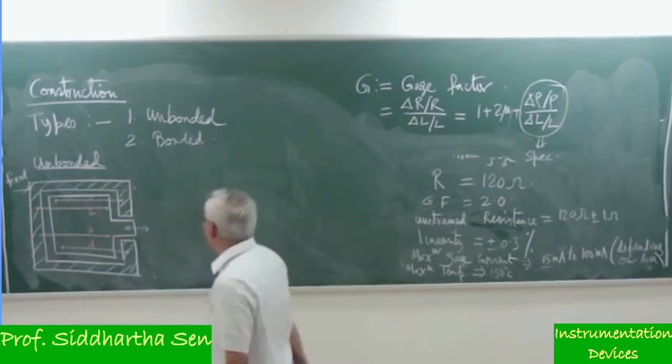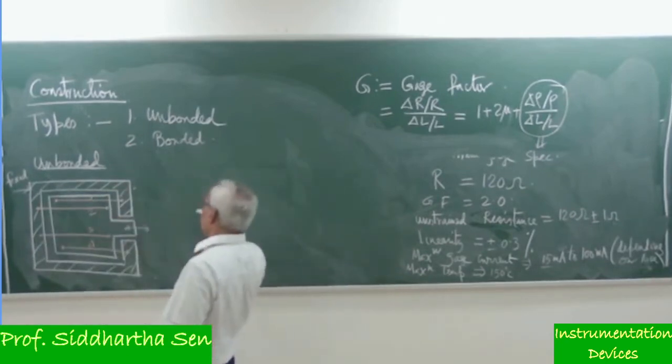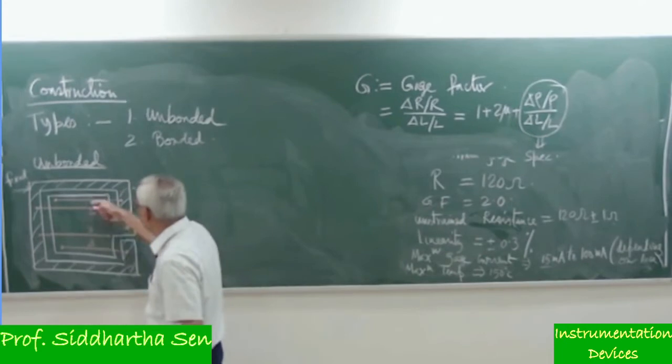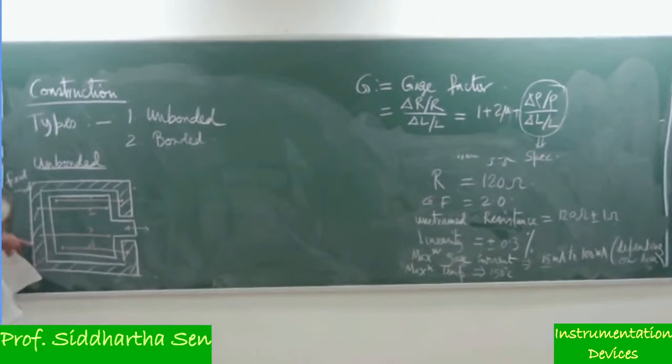If the moving structure moves towards the right, then what will happen? 2 and 3 will be under tension, while 1 and 4 will be under compression.